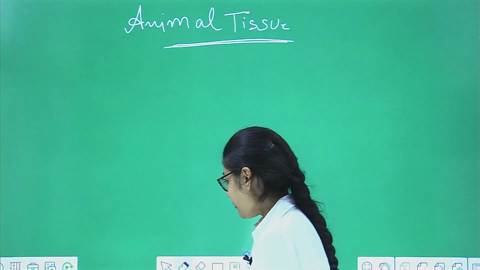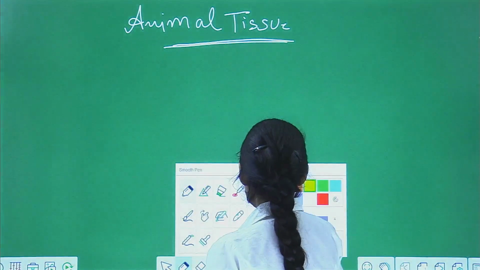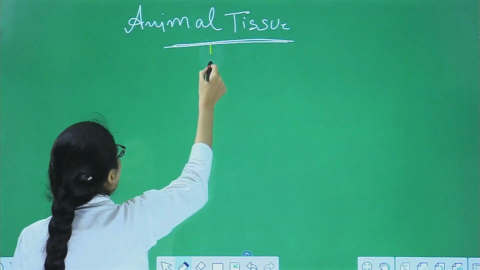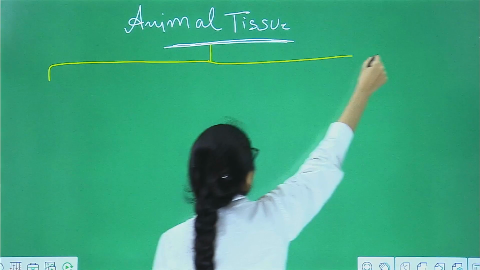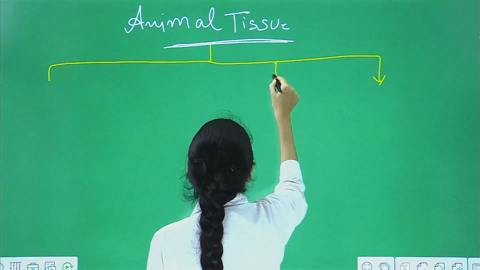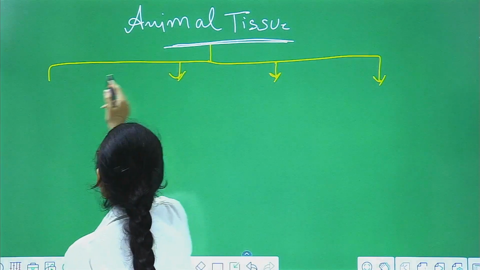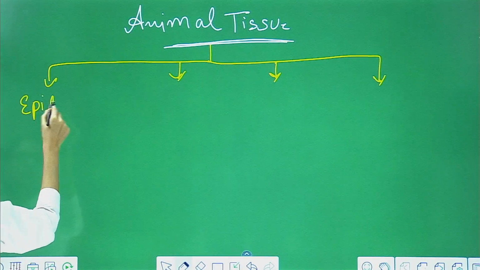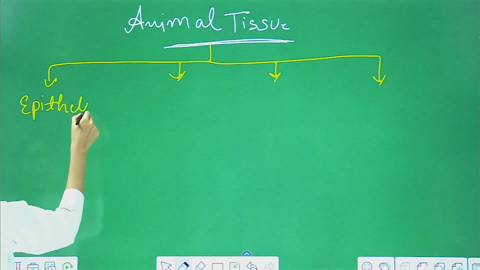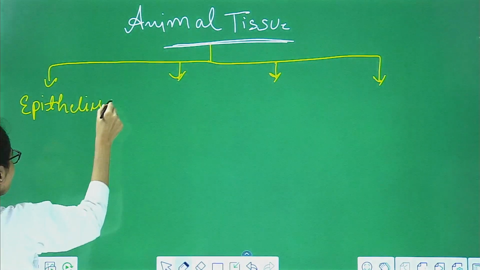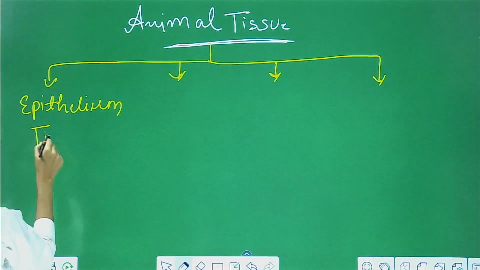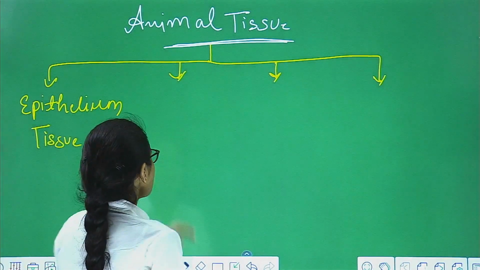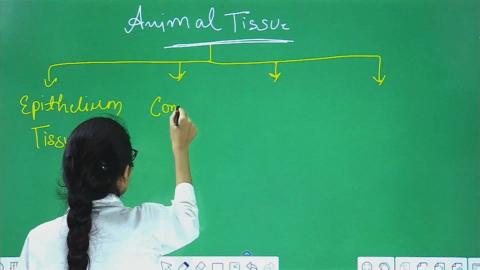Okay. So animal tissue are of 4 types. Animal tissue are further divided into 4 types. The first one is epithelium. Okay. Then the second one is the connective.